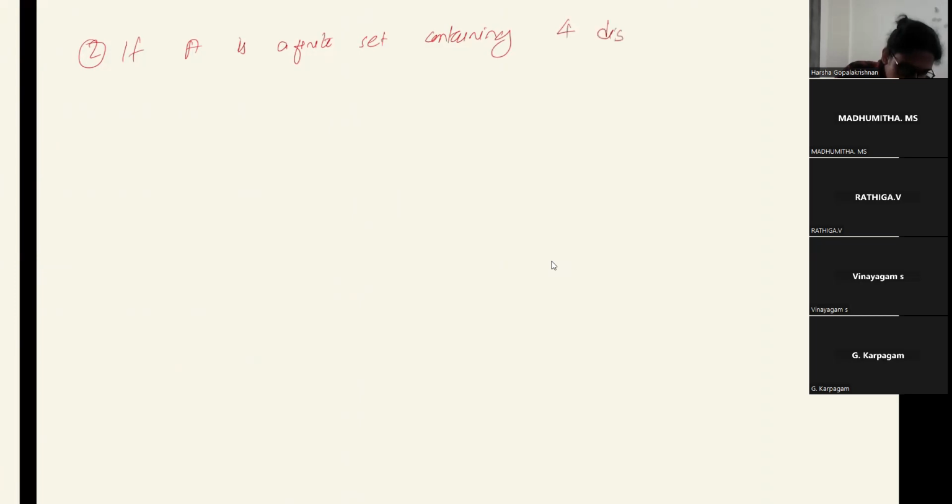So, the second question is, if A is a finite set containing 4 distinct elements, that is, the cardinality of A is 4, then the question is to find the number of relations on A. The options given are 6, 9, 2 power 16 and 512.